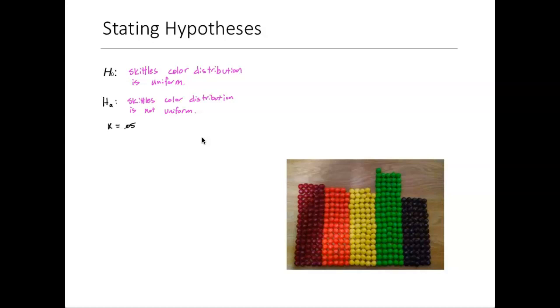If it doesn't differ that far, then we go, all right, I think the null hypothesis is maybe true, and it just differs a little bit because of variability from sample to sample. Or if our sample differs from the null hypothesis by a lot, we go, wow, this is evidence that the null hypothesis isn't true and that the alternative hypothesis is true, right?